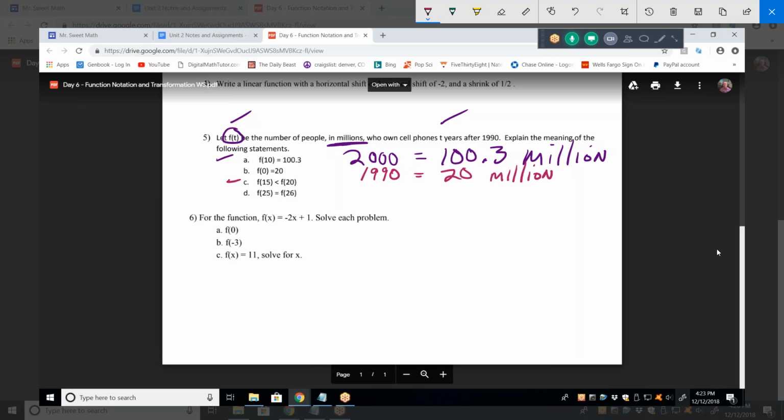What's that mean? In 20 years, there will be a greater number than in 15 years. Yeah, it means the number of people that own cell phones in 2010 is greater than the number of people that own cell phones in 2005.